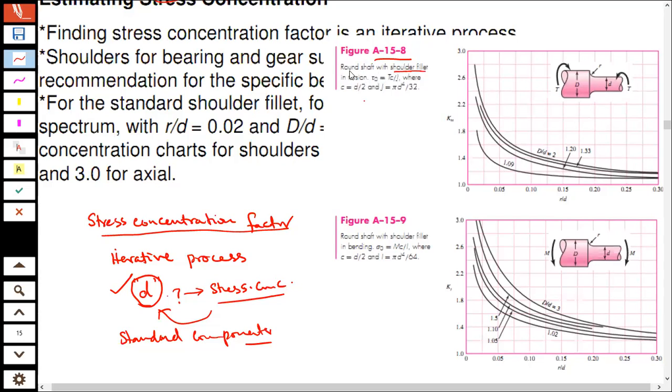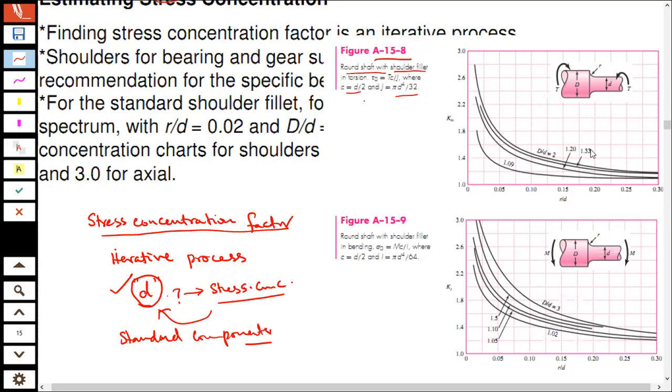Okay. Read the caption over here. Round shaft with shoulder fillet in torsion, and then it gives you where c is equal to D by 2, tau naught is equal to Tc by J, and J is equal to pi D^4 by 32.